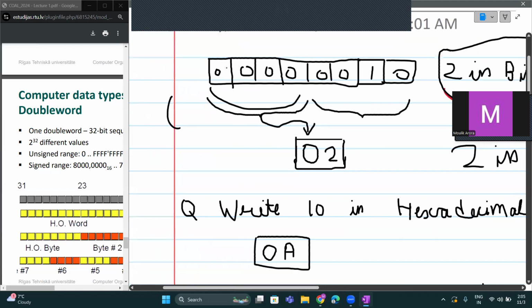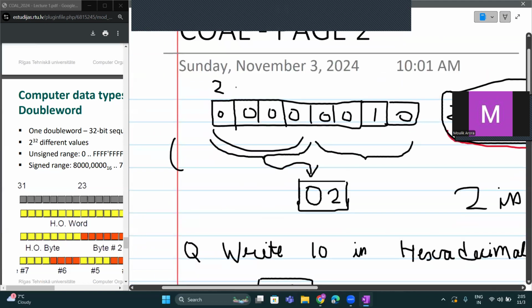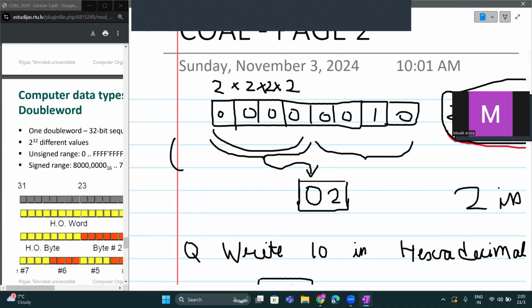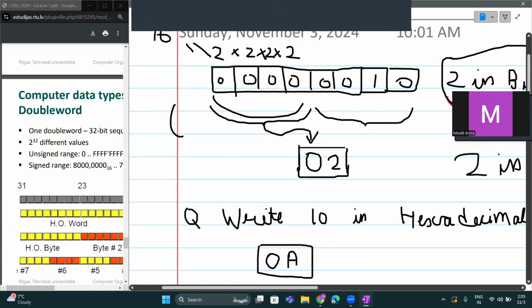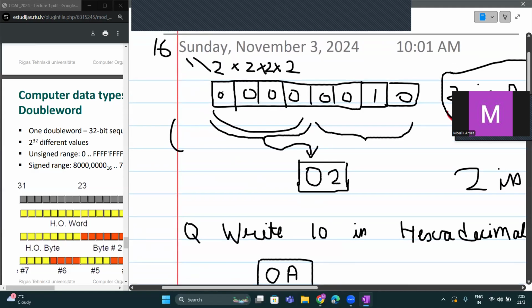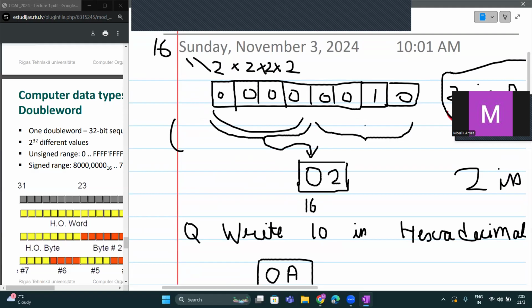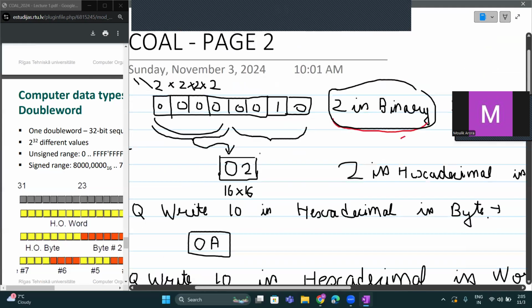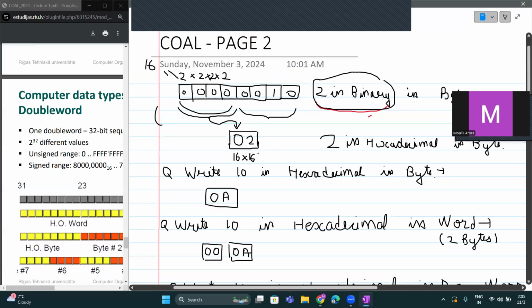Because you can see here there are two possible values, two possible values times two possible, that is 16 possible values. And in hexadecimal, each digit here has 16 possible values. That's why 4 of the bits, you just write it as 1. And here as well, there are 16 possible values. This is hexadecimal in 1 byte.